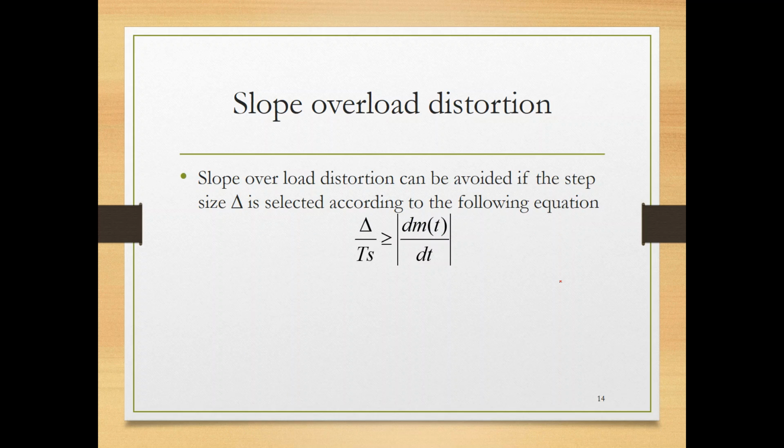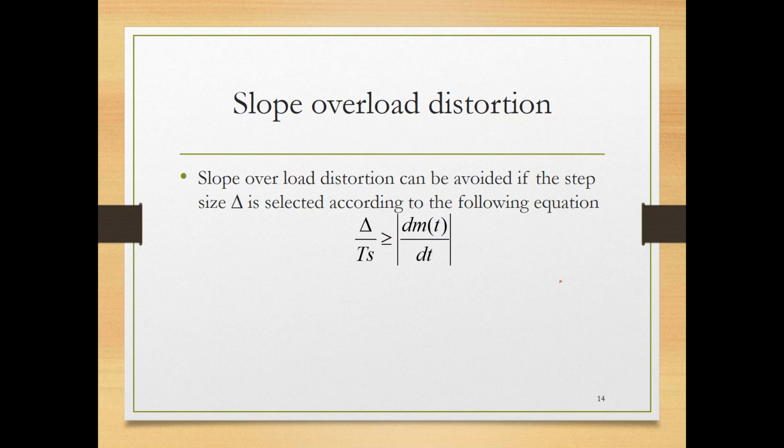So suppose you have a case or a problem, and I ask: what's the rule that I can adopt in the design of delta modulation so that I can avoid slope overload distortion? Is there any such rule that can help me overcome this problem? I tell you yes.